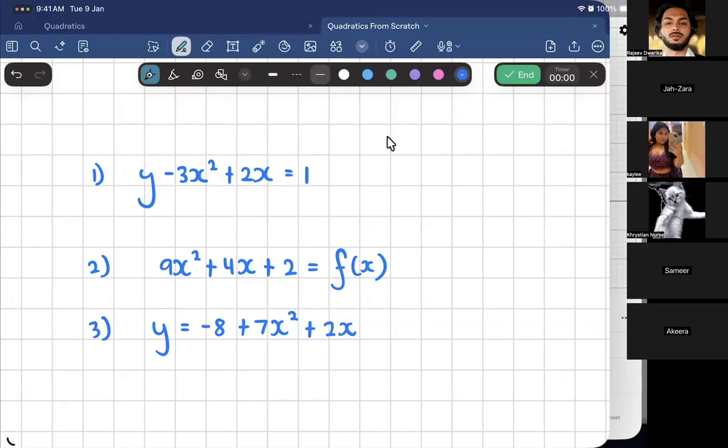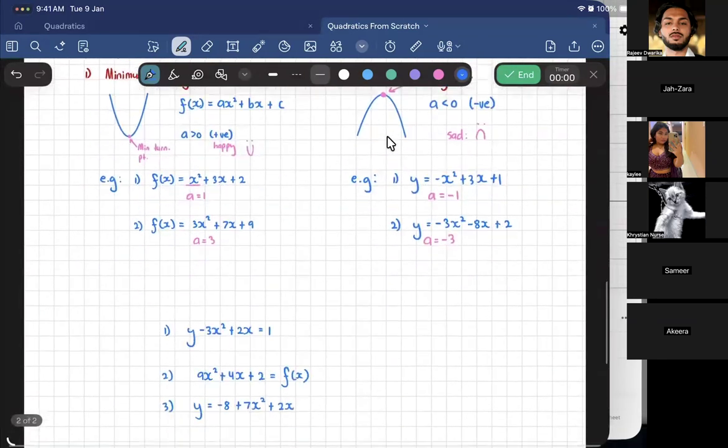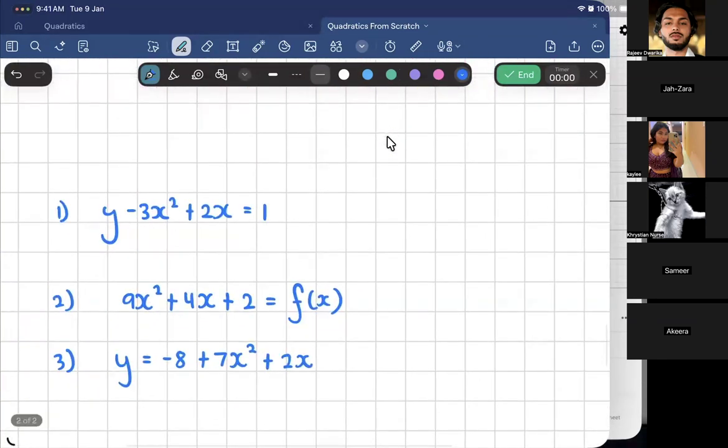So, Christian, how could you tell if it's a maximum or a minimum? I don't know, sir, for the first one. For the second one, it is because A is only one x squared, so A equals one.